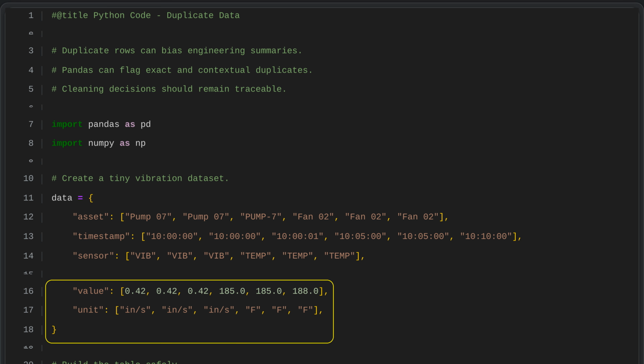The code organizes sensor readings into a dictionary for creating a data frame. It stores 6 values, 3 readings of 0.42, and 3 temperature readings of 185, 185, and 188. A matching units list labels the first 3 values as inches per second and the last 3 as degrees Fahrenheit, making the data ready for structured analysis.